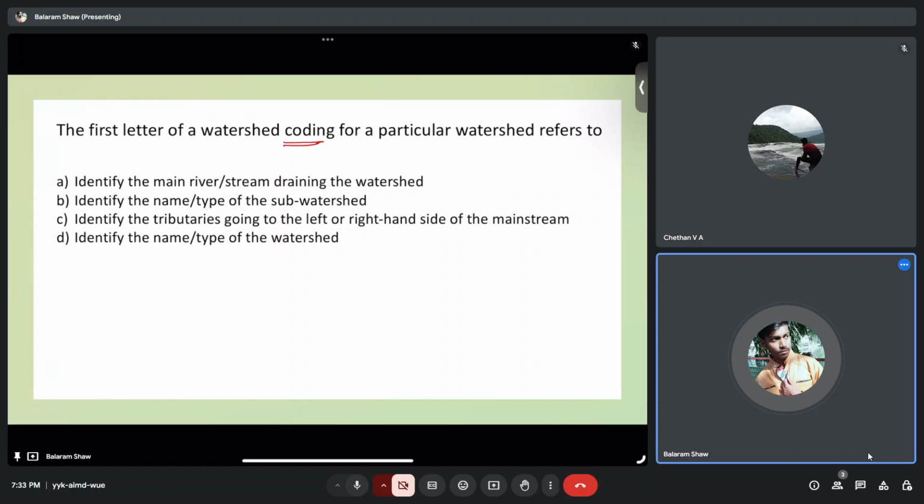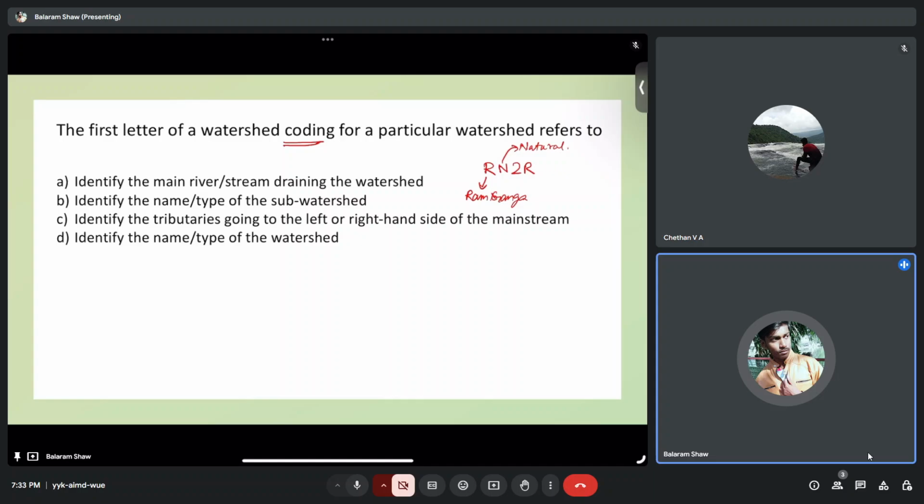So let's say one code is like RN2R, something like that. So this R represents the name of the mainstream. Okay, this N means natural. The second letter is the name or type of the watershed.